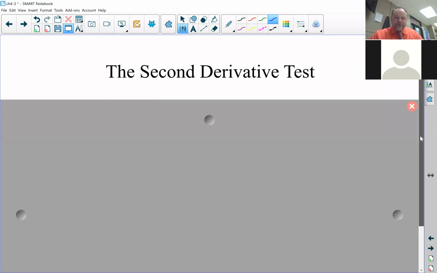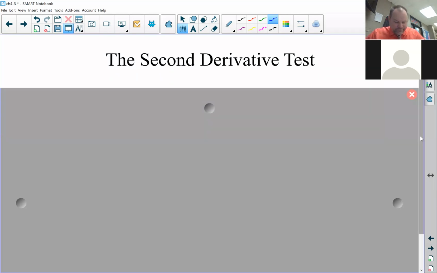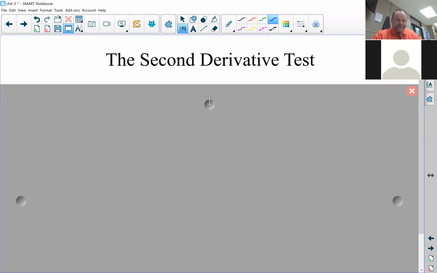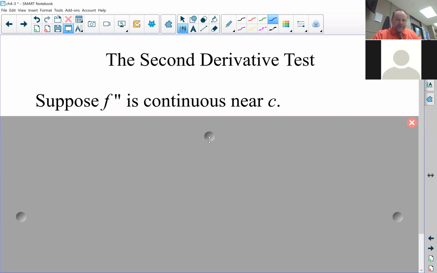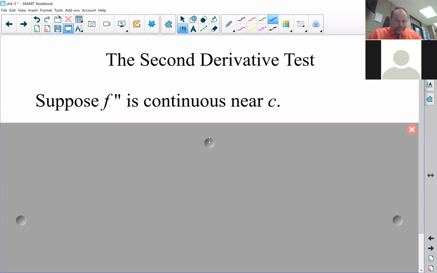So we had the first derivative test that we could use to find if we had a minimum or a maximum value. There is also a way to do it with something called the second derivative test. Again, we're going to assume that our second derivative is continuous near a value c.